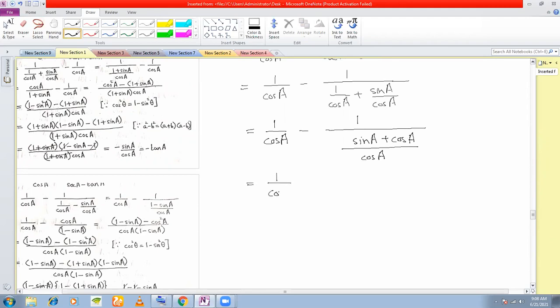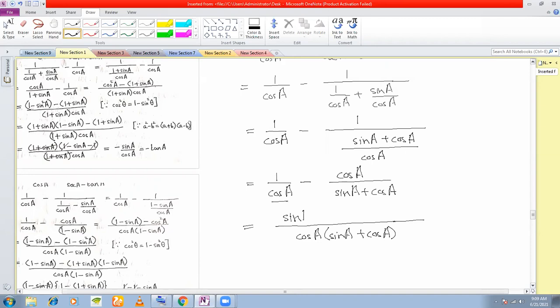So again 1 by cos a minus, and this cos a will go on top, and in the denominator you will be left with only sine a plus cos a. Now I take the LCM. See, you have a cos a here, so you only get sine a plus cos a. And here you have cos a into cos a, which is cos square a.